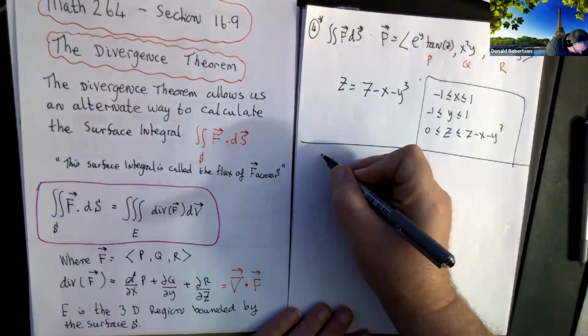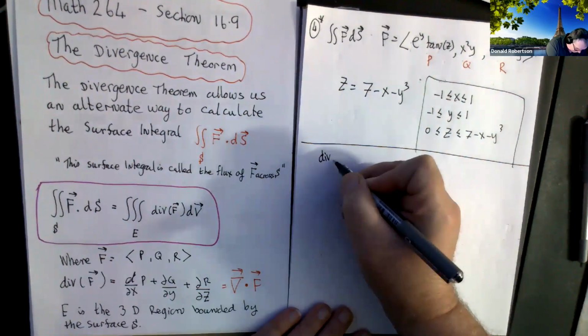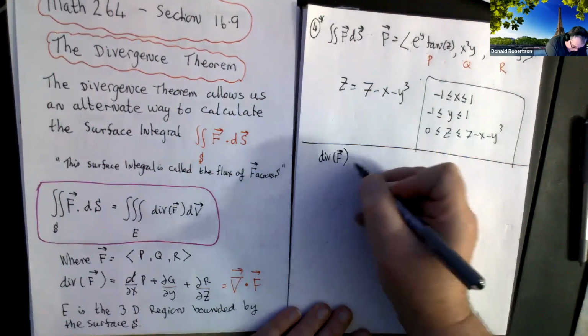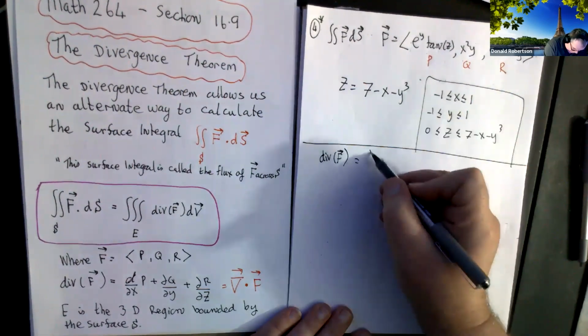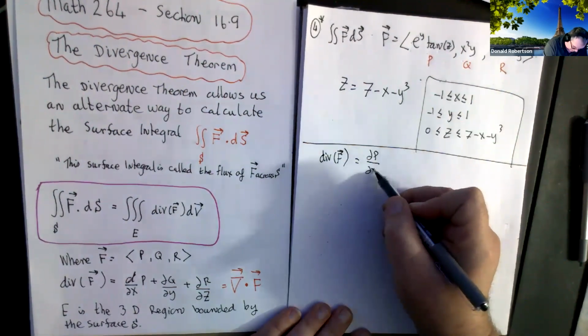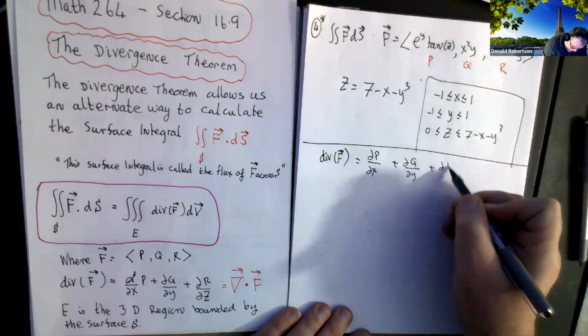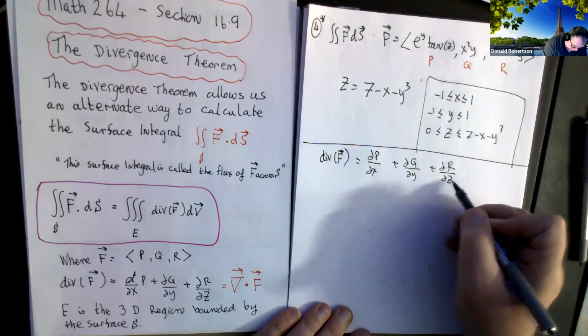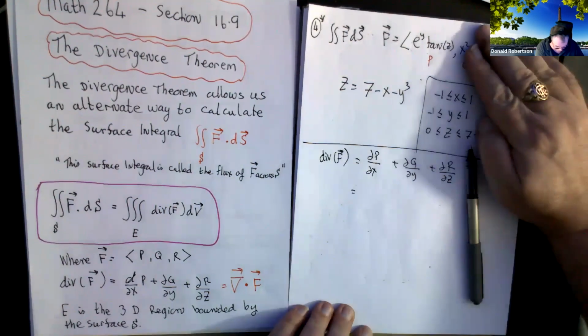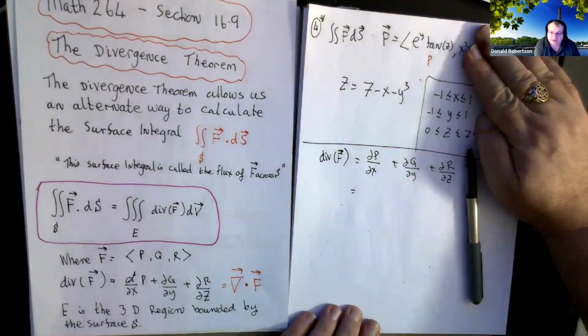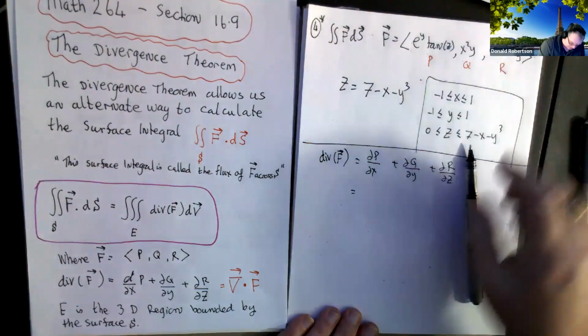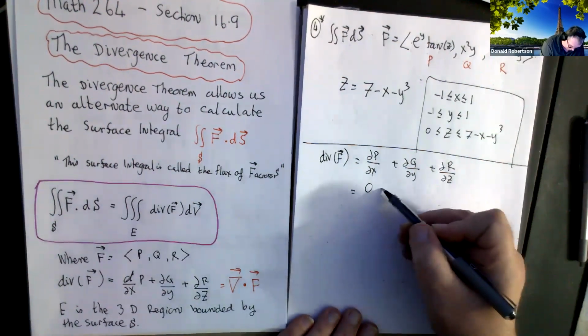So let's find the div of f, because that's part of the process. Partial derivative with respect to x, y, and z. Well, if you do that guy with respect to x, since there aren't any x's, you get 0.